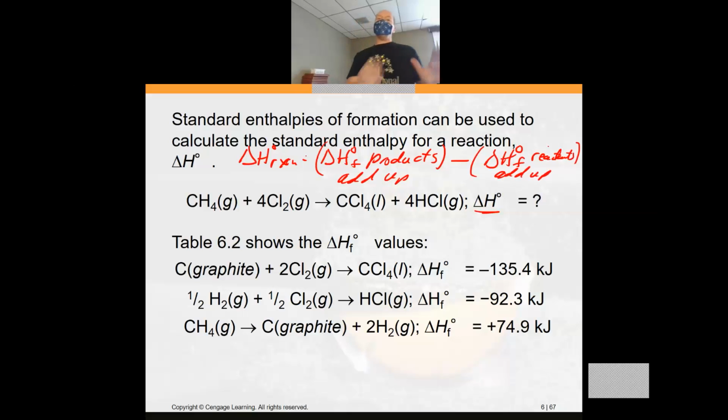So add up all the delta H naught products, add up all the delta H naught reactants, take that number from the products, subtract the number from the reactants, and you will have the delta H for your reaction.